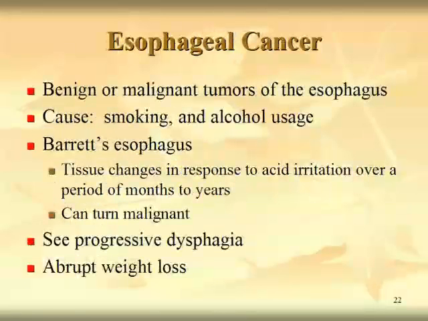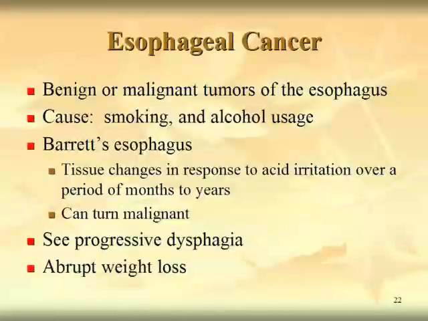Esophageal cancer can be anything from a benign to a malignant tumor of the esophagus. Once again, a common cause is smoking and alcohol use. One thing that's associated with this is Barrett's esophagus, which is noted to be tissue changes that respond to acid irritation over a period of months and years. This can turn malignant, and you'll see the patient have progressive dysphagia and abrupt weight loss.